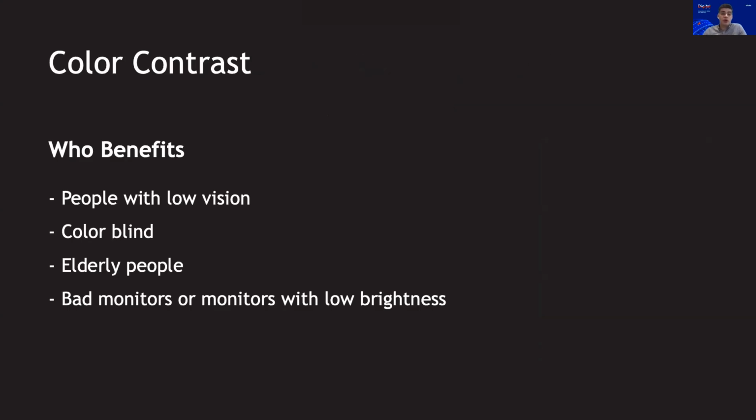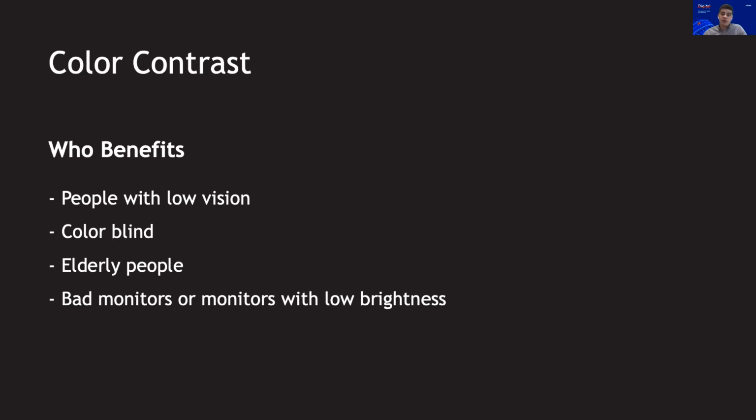So the color contrast criterion is very easy to complete, and it benefits the following users. It's much easier for people with low vision and medium vision impairments to read the text. Good contrast also helps colorblind people.